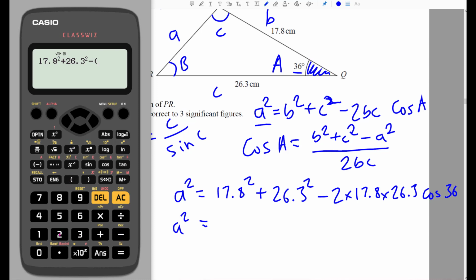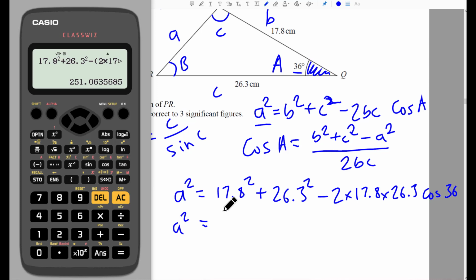Minus, and I'm just going to do that all in a bracket. You shouldn't have to, but three, and times cos 36, it does the cos 36 for us like that. Press equals.